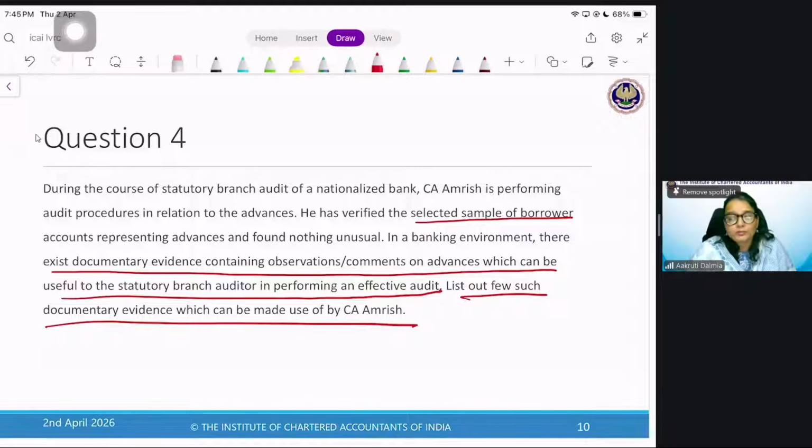For this question, I want to do an open book. In front of you, open your book, and keep this question in front of you. Tell me which question or which answer this question belongs to. Go through it once. I'll give you 2 minutes for it. I'll wait for 2 minutes, but I want to see if you are able to connect.